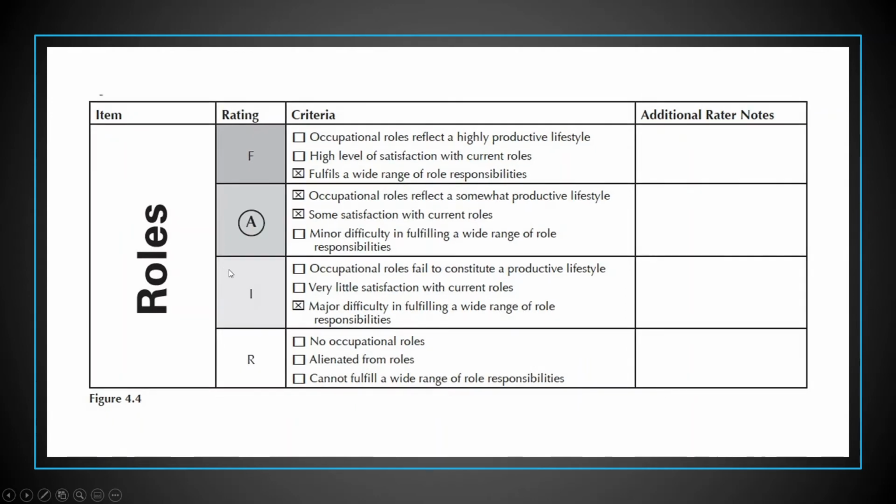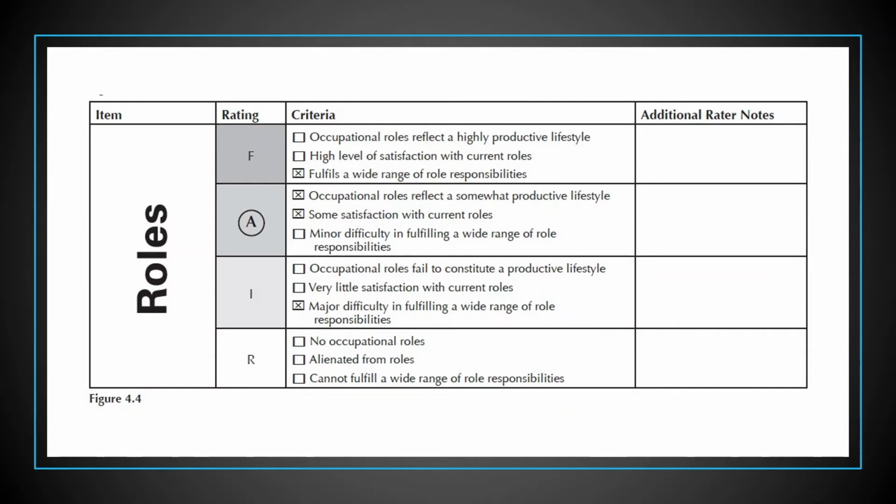And so it's important here too, and I'll go through this in other videos, is when looking at the FAIR system, you can notice on this slide or on this one, the rater is marked fulfills a wide range of role responsibilities as facilitates. But the person has issues with occupational roles reflecting a somewhat productive lifestyle, some satisfaction with current roles, and then inhibit marked one as major difficulty in fulfilling a wide range.